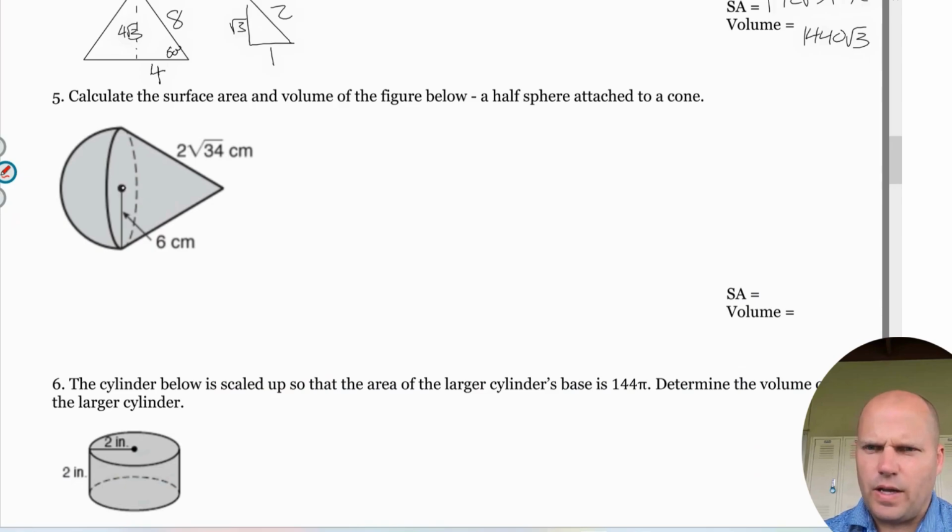It looks like I give you a slant height. Great. And I give you a radius. Great. I'm gonna use the Pythagorean theorem to get this height of this cone. So a squared plus b squared equals c squared.